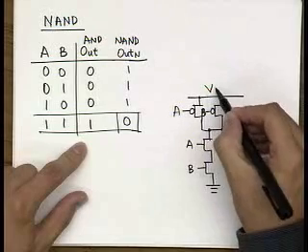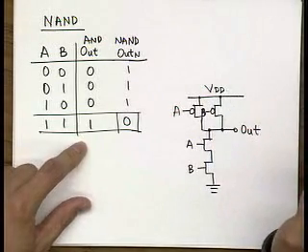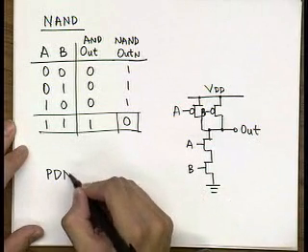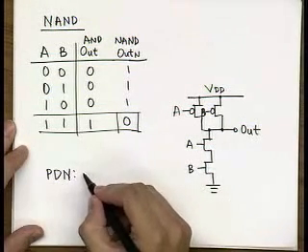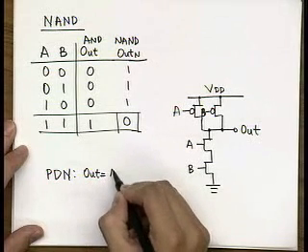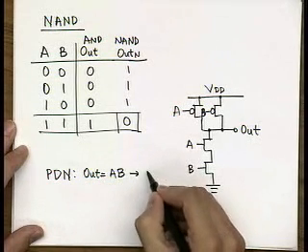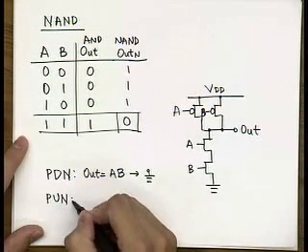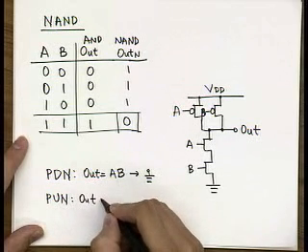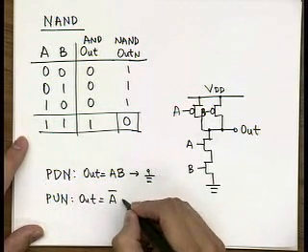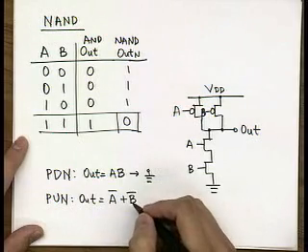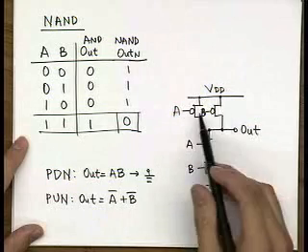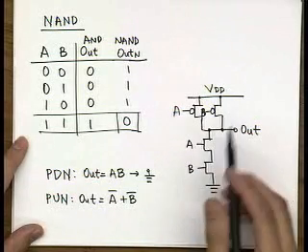And then you have VDD. So for the pull-down network, out is equal to AB, so that is a conduction to ground. And for the pull-up network, the function is equal to A bar or B bar, because A low or B low activates either of the two parallel branches.